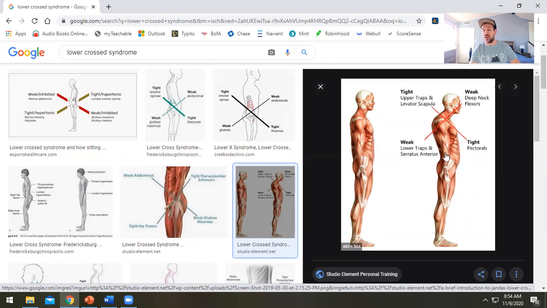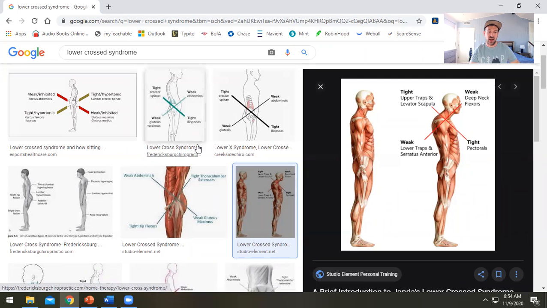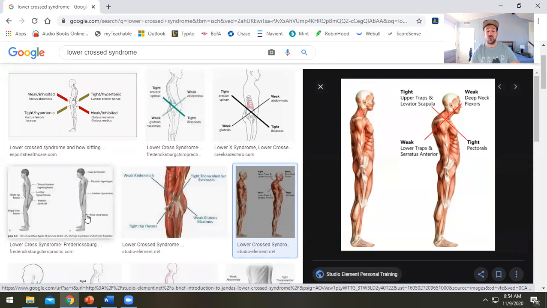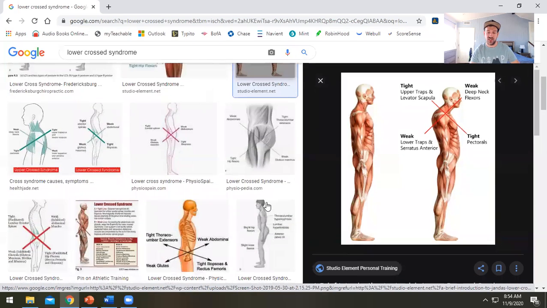But in this version over here, you can see they've got this anterior tilt. And that's also causing up top, what's called upper cross syndrome. They're very much related to each other, right? A lot of times when you get an anterior pelvic tilt, you also end up with shoulder rounding, right? And that's what you're seeing in this person here.